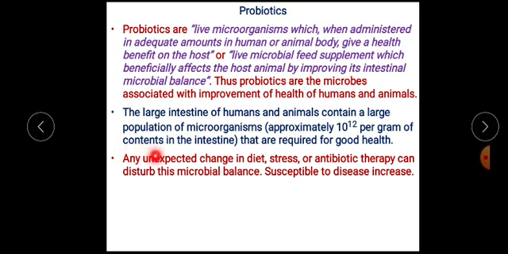These factors are any unexpected change in diet, stress, or antibiotic therapy. If antibiotics are consumed, antibiotics will target the pathogens. Antibiotics will also kill your normal flora microorganisms.